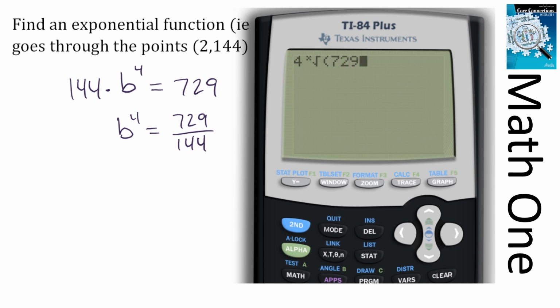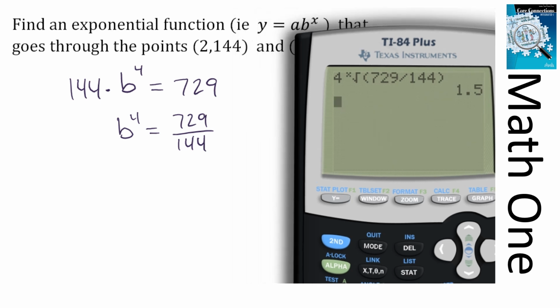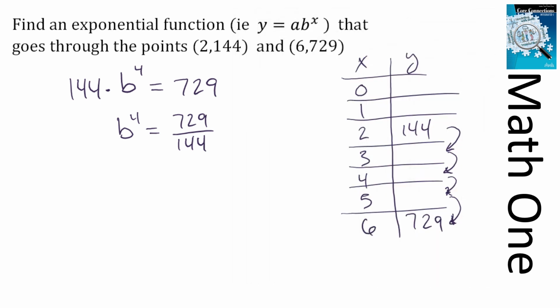You can see I've opened parentheses, divided by 144, close parentheses. Now when I do that, I get exactly 1.5. So the 4th root of 729 over 144 is 1.5. What that means is that that's exactly what b is. B is equal to 3/2 or 1.5.